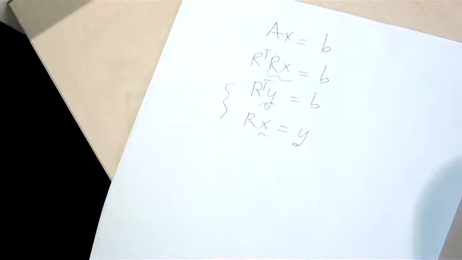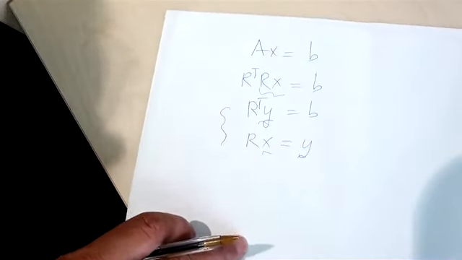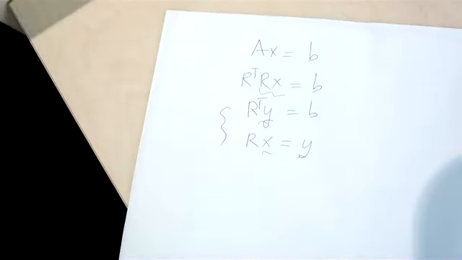Suppose you have Ax equal b, then you have R transpose R x equal b. You let Rx be y, so you solve R transpose y equal b first, and then you solve Rx equal y. This is a lower triangular and this is an upper triangular matrix, so you can use forward elimination or back substitution to solve it very quickly.